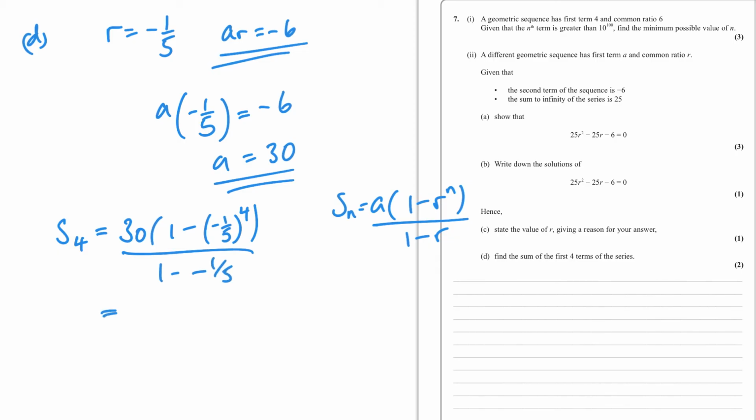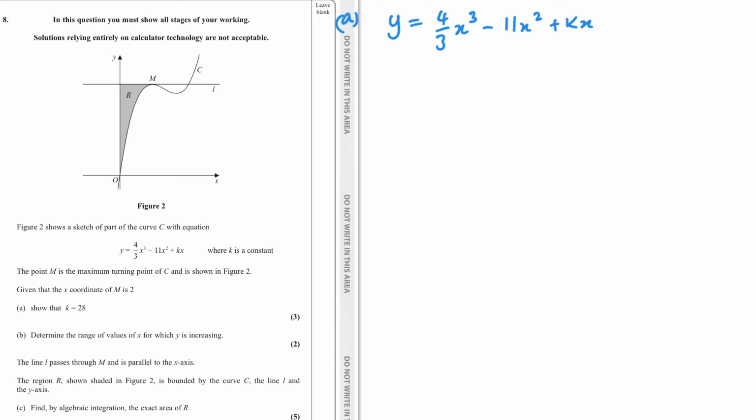And there is my formula, and all that's matter now is to put it into my calculator. And we get 624 over 25, or as a decimal, 24.96.